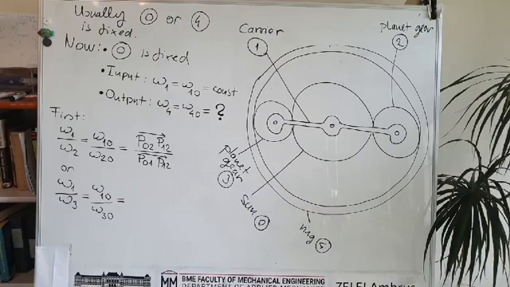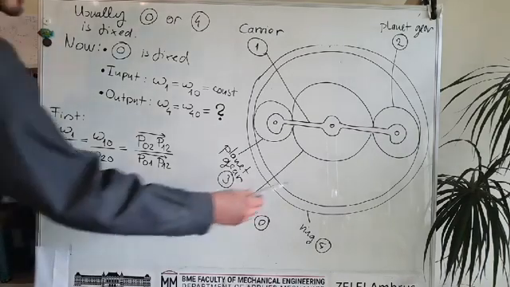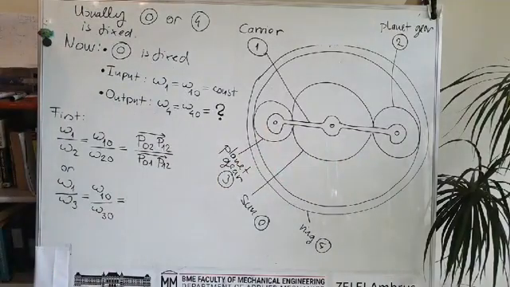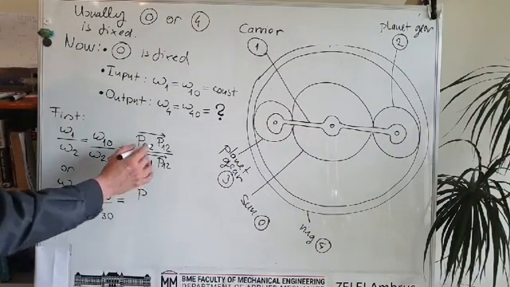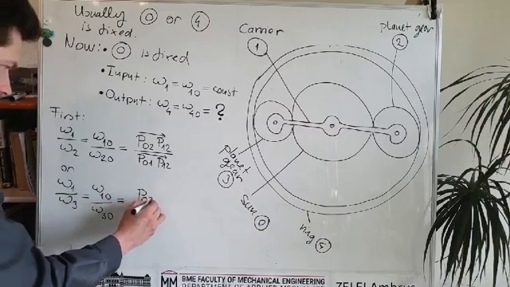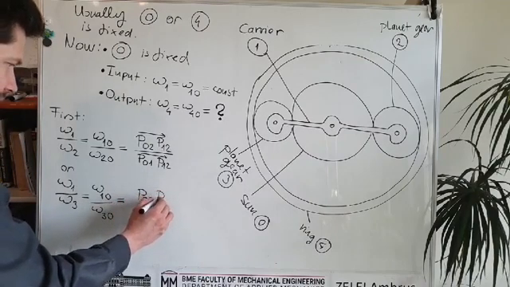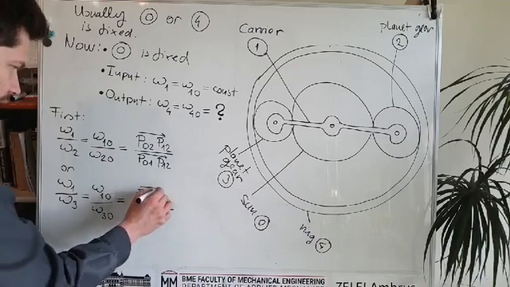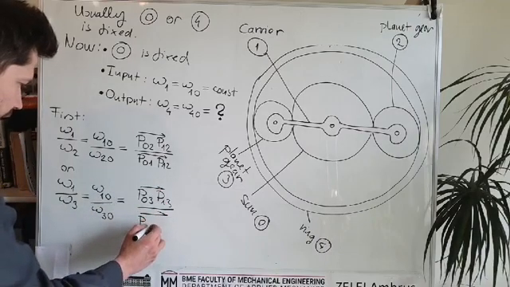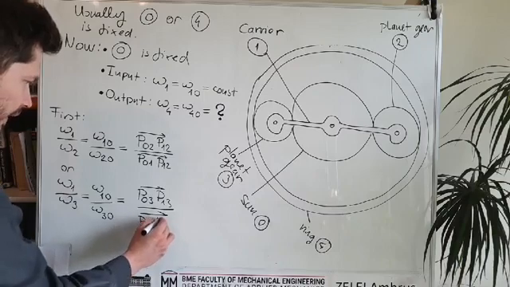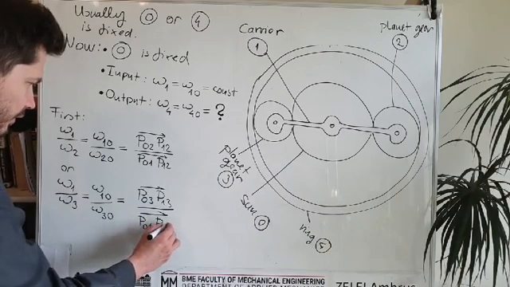And in the case of the left hand side planet gear, the formula is almost the same. We have to change 2 to 3, so P03 to P13 over P01 to P13.